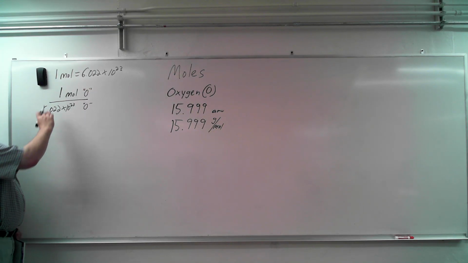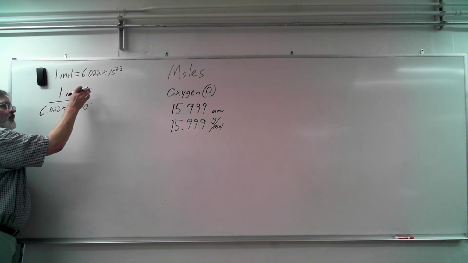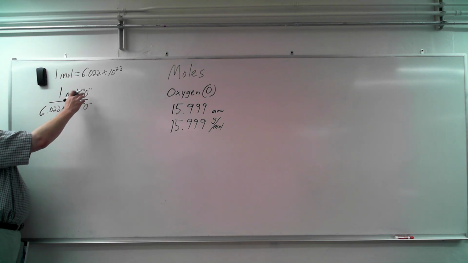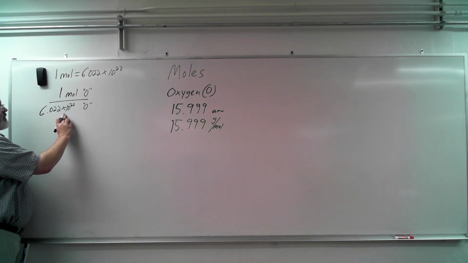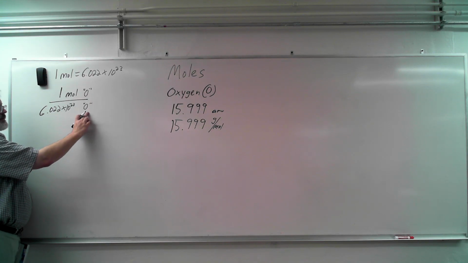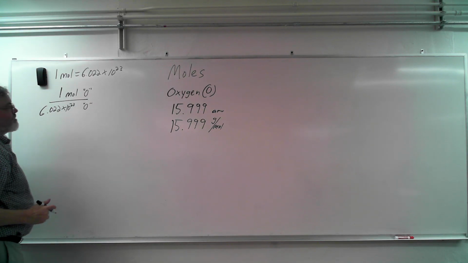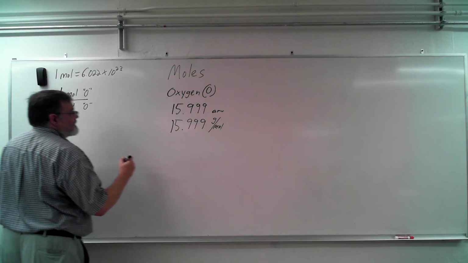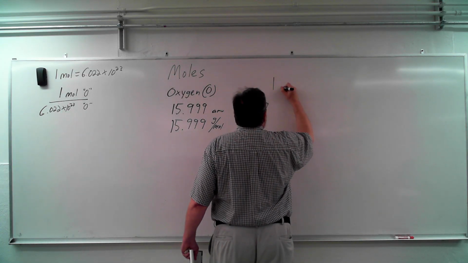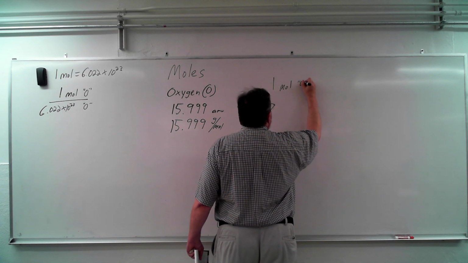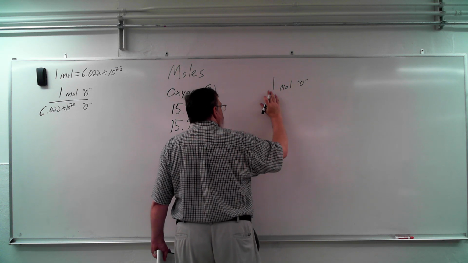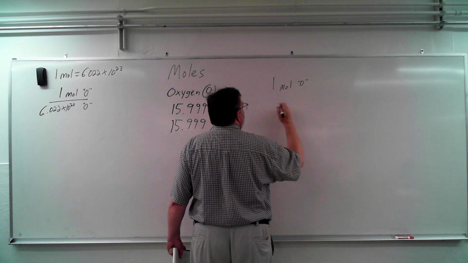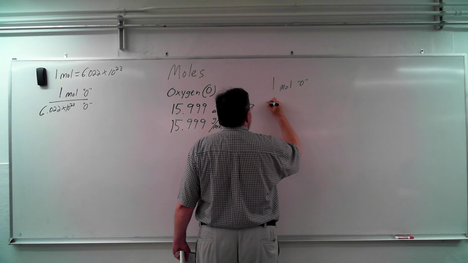Now we have a numerical value, a unit, and what I call a label. So how many moles of oxygen? 6.022 times 10 to the 23rd oxygen atoms. Numerical value, unit, label.